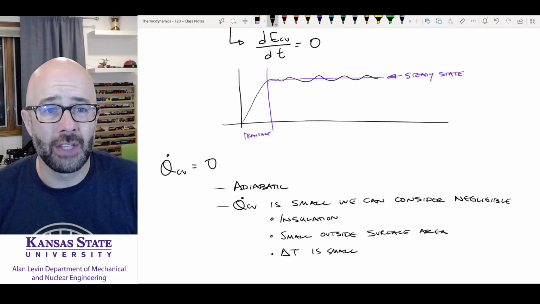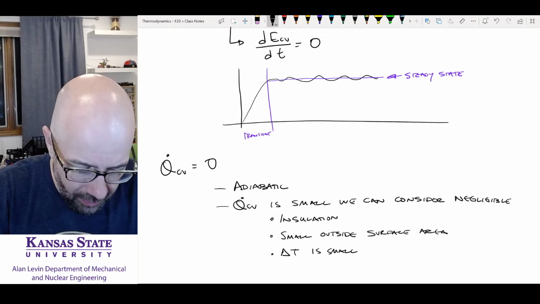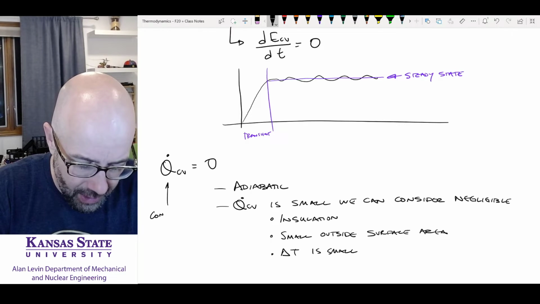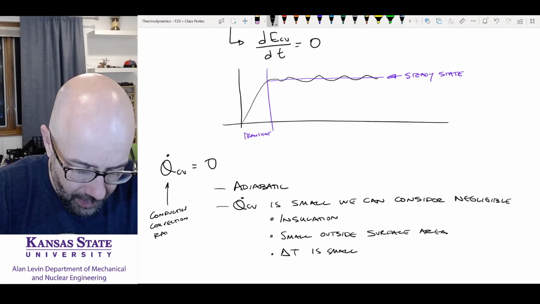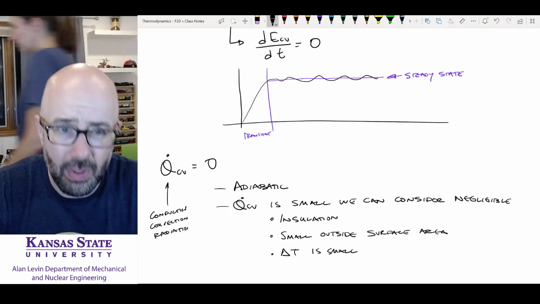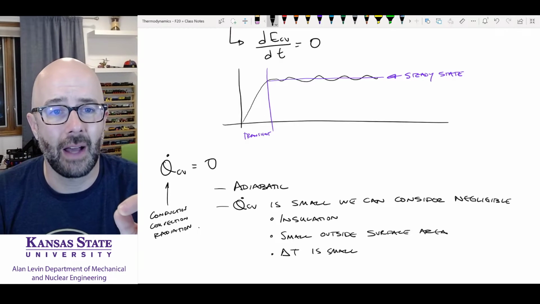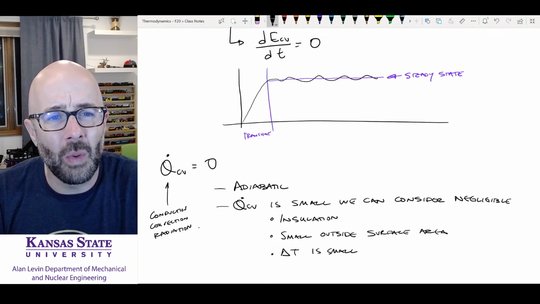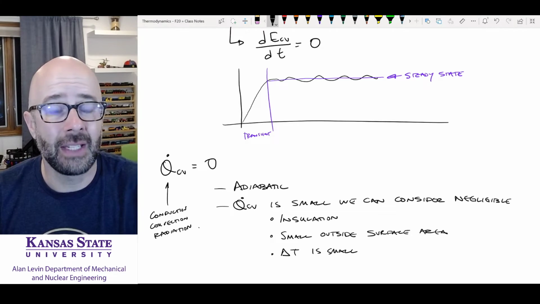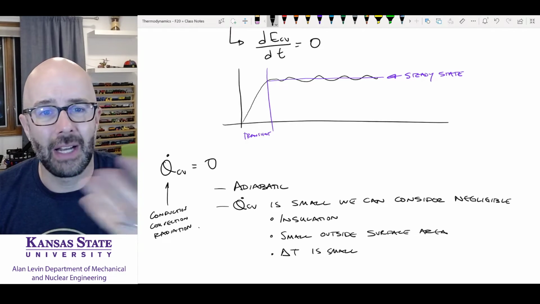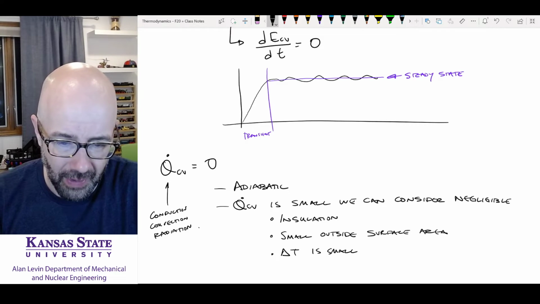We know the heat transfer rate. We found this from conduction, convection, and radiation. Okay, that's what we found in previous topics here. What was the driving factor with heat transfer? Delta T. And if that's very small, you're going to have a very low heat transfer. Okay.